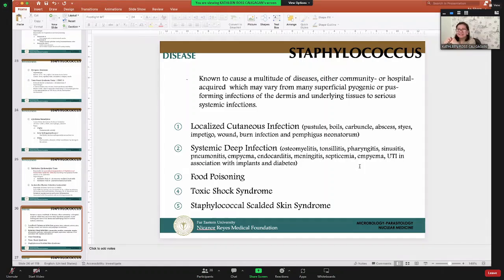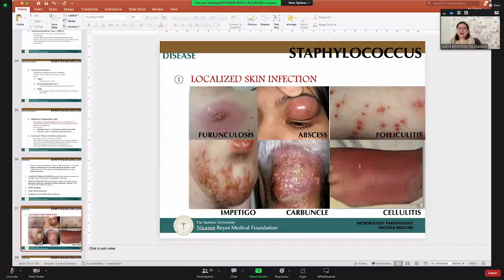Any organ system can be involved. And number three, Staphylococcus may present as food poisoning, toxic shock syndrome, and staphylococcal scalded skin syndrome. These are examples of localized skin lesions of Staphylococcus.